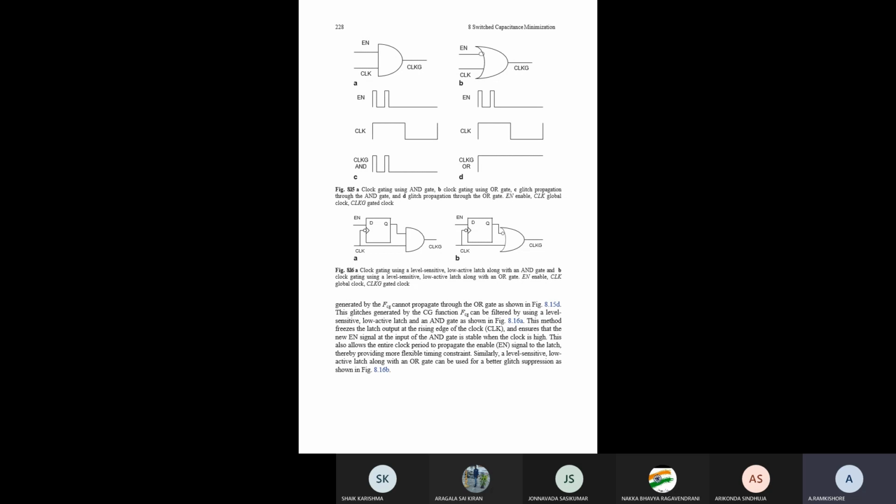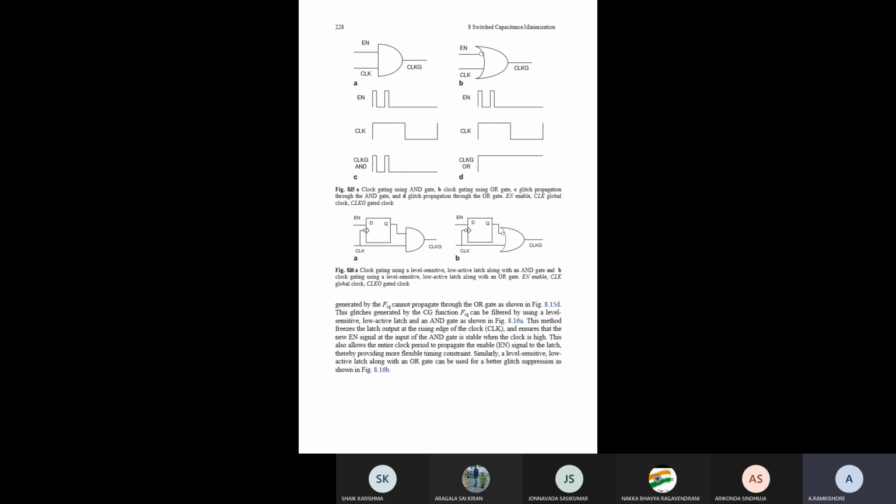Then the switching capacitance becomes more, which means the power dissipation of the circuit will be very high, and the purpose for which we designed the circuit will not be implemented in the proper manner.